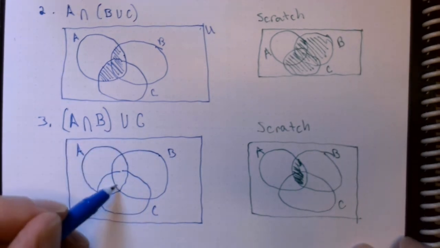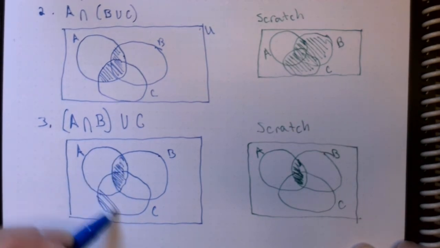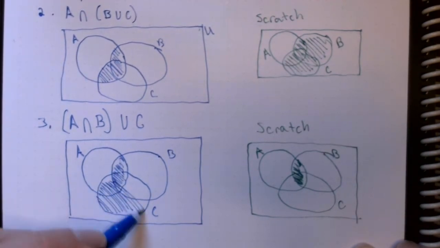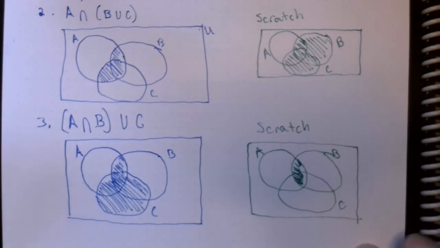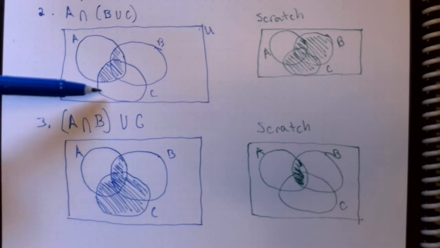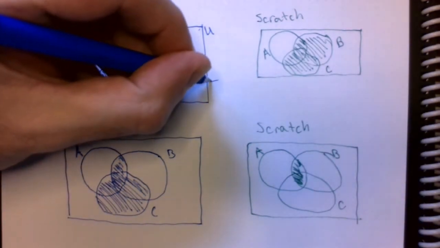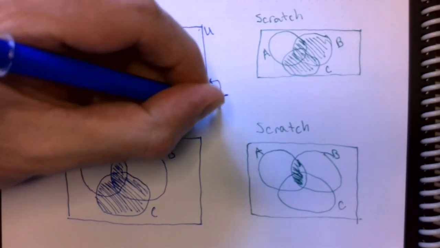So I'm going to take A intersect B, and I'm going to throw in everything in C. All right? So now I get this right here. And notice that this is different from the set that I have up here.